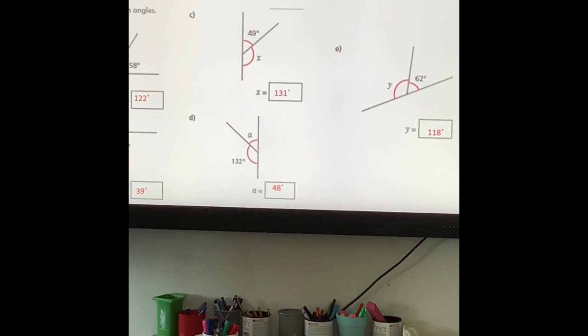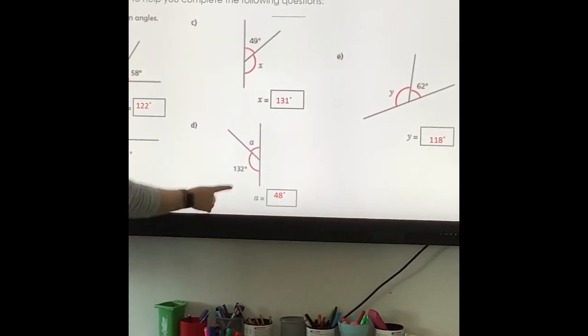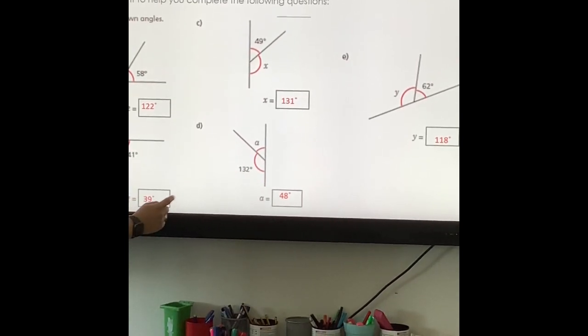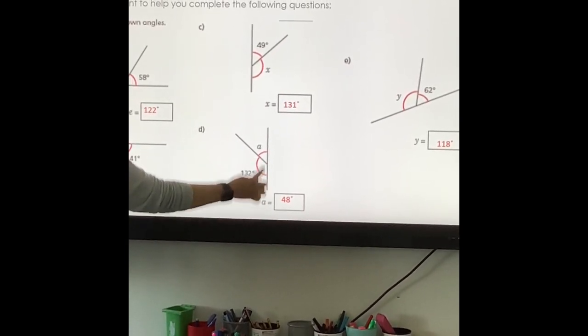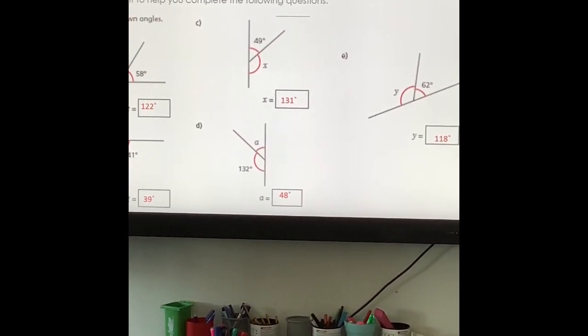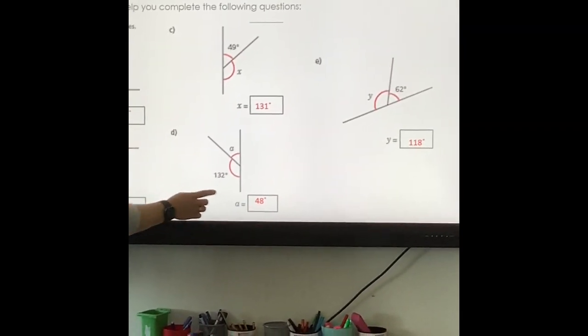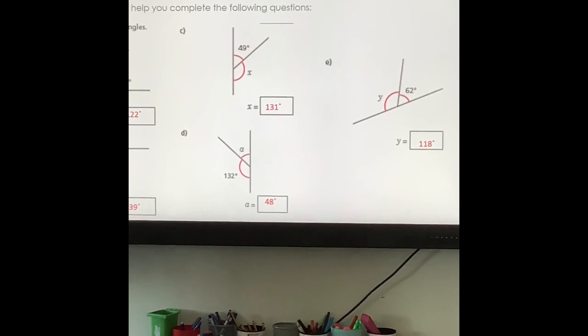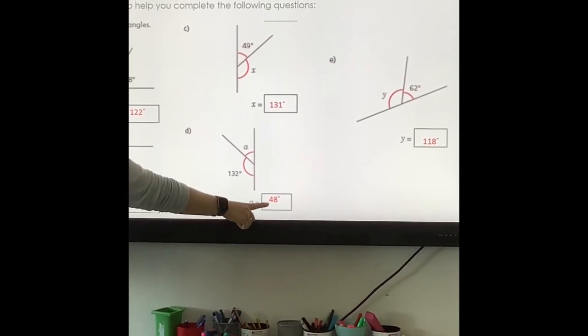D, 132 is our given angle. We need to work out the adjacent angle. We know that the whole straight line is 180. 180 take away 132 gives us 48. So A is 48 degrees.